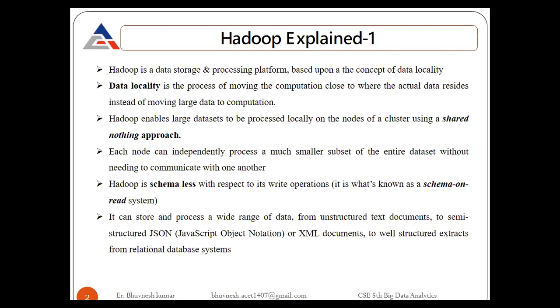Create a schema only when reading the data. The design should be made only while reading the data. That is why it is called schema-less with respect to its write operation, and it works on schema on read. When it wants to read, only then will it create a schema. And schema is just a structure or a design.